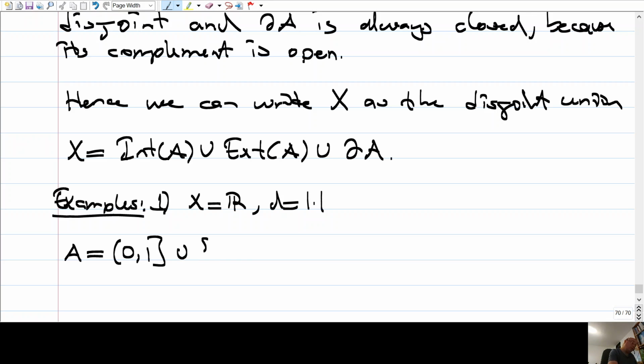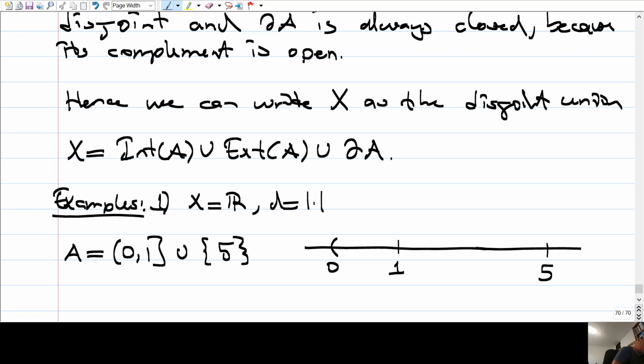Maybe I put also 5 here. Okay, what are the interior points of A? So here is 0, 1, and 5. This point is included, this point is not. Maybe I should draw it like this.